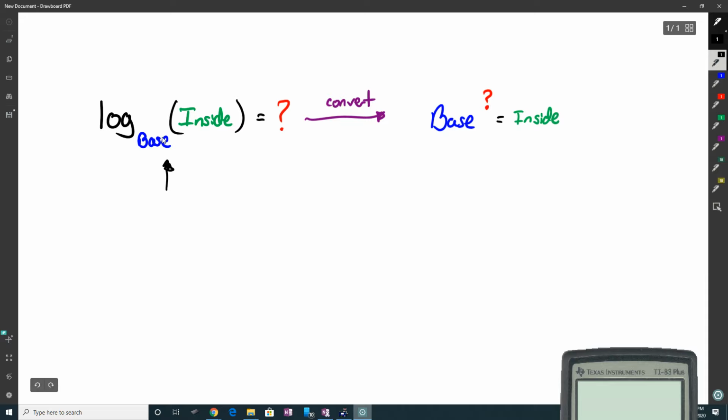Whenever we look at logs, we don't like them. So instead what we do is we convert, and this one makes your brain happy.